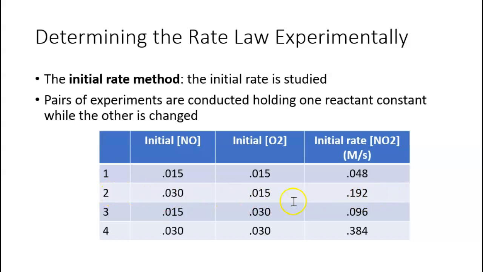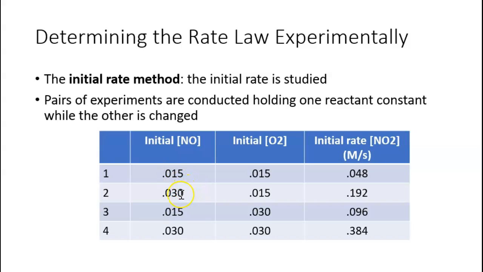In the second run, the rate changed from 0.048 to 0.192. So it increased. So the increase in the concentration of the nitrogen monoxide caused the rate to increase. Now the question is, in what way does this change, right?